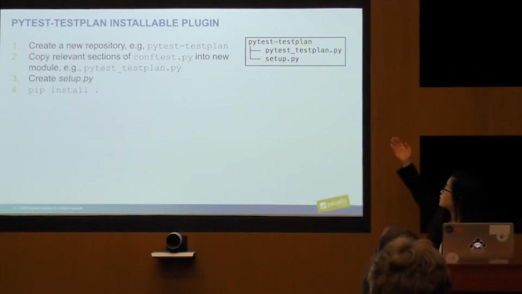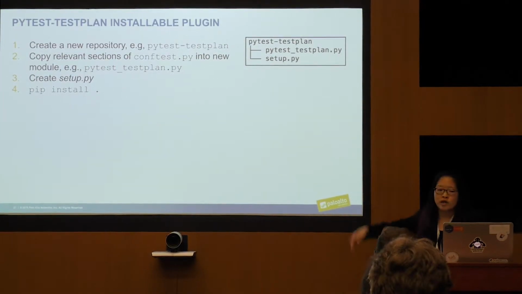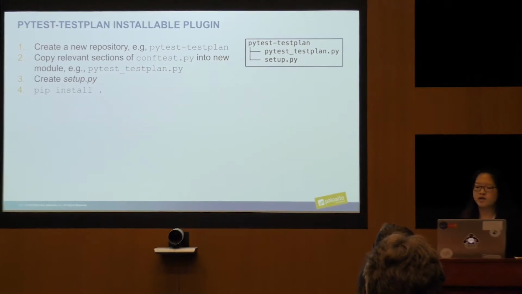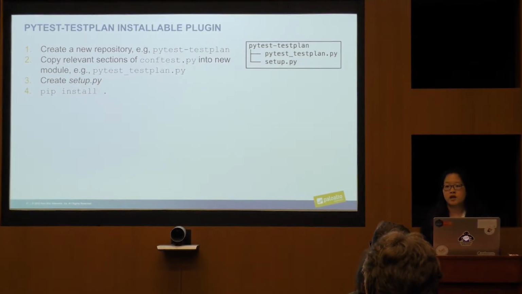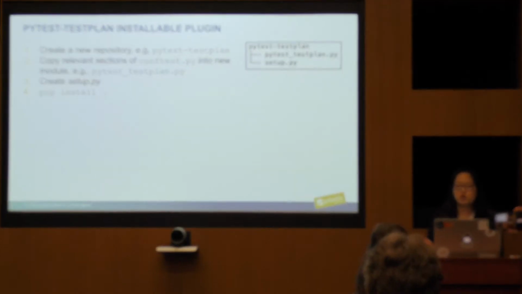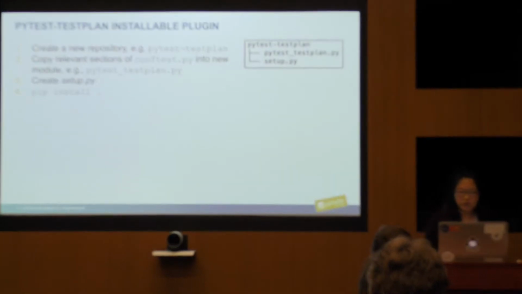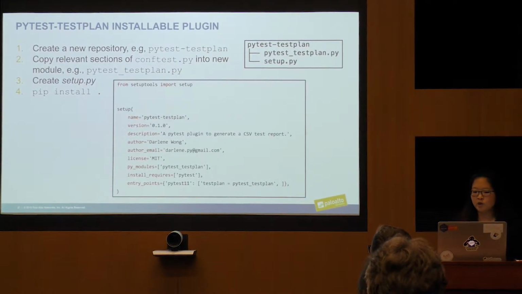For the first example, you would create a pytest test plan repository and copy the relevant sections of your global conftest into a new file, pytest test plan, and then create the setup.py. Here's the example of the setup.py.